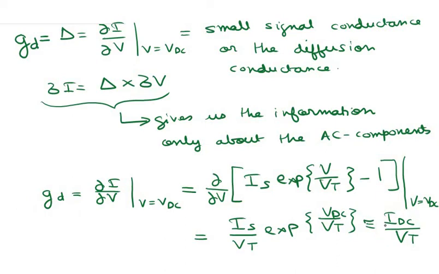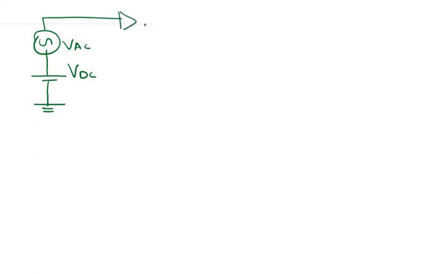Okay, and when we transform our model from the actual model to the small signal model, let us consider this case where VDC is applied across the diode, and in series there is an AC voltage VAC, and these are applied across the diode.